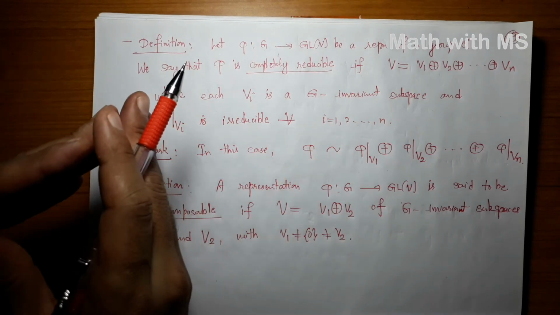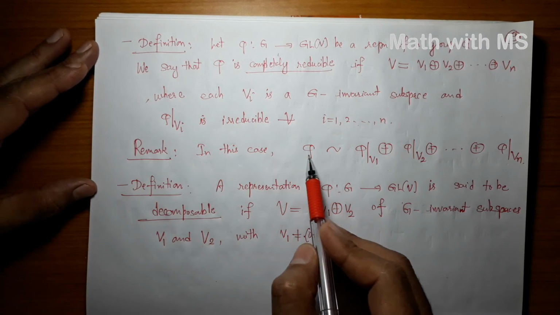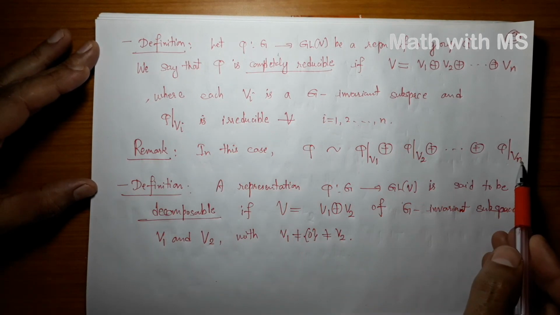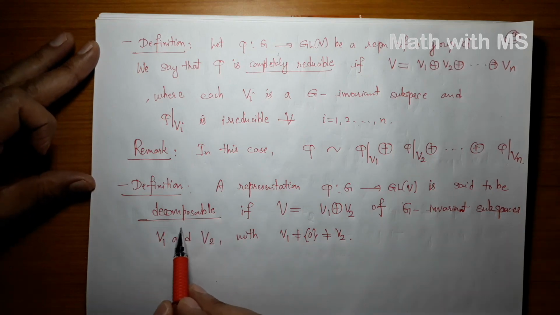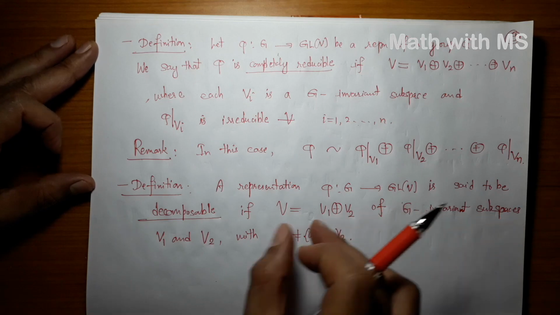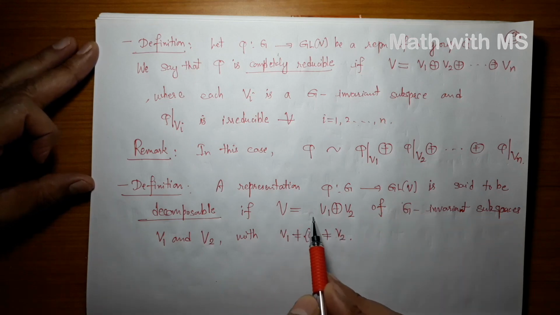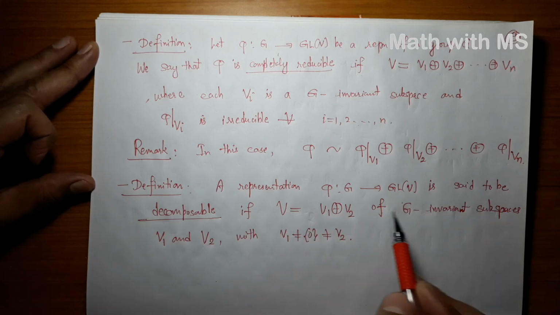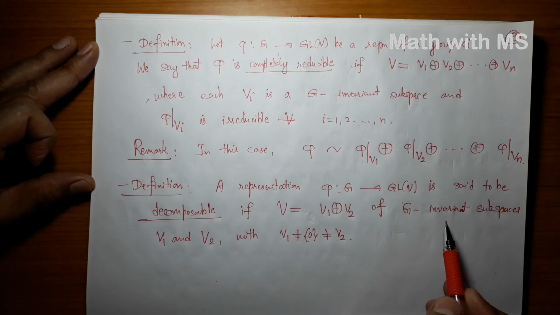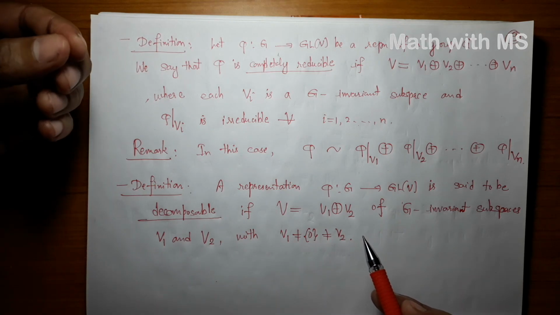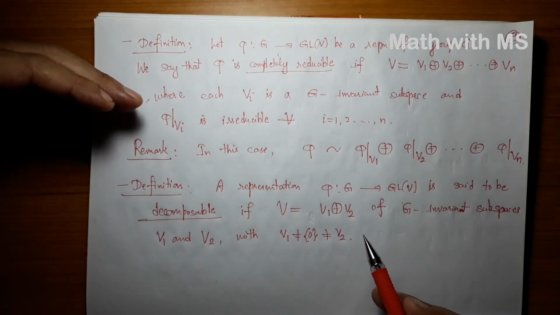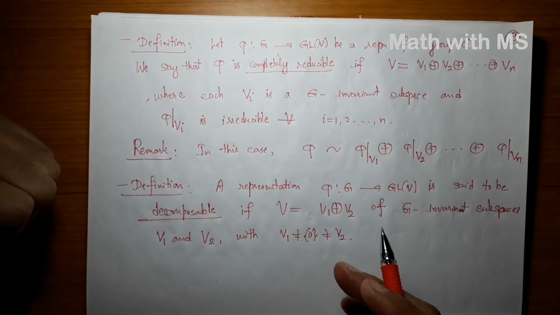So I have been able to decompose my representation as a direct sum of irreducible representations. Whereas a representation is decomposable if I can decompose my representation space V as a direct sum of two proper G-invariant subspaces. Somehow we can show that each representation is either irreducible or it is decomposable.